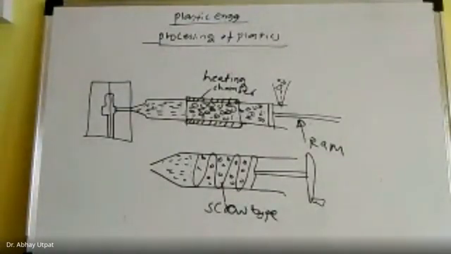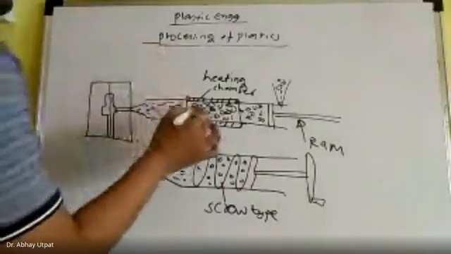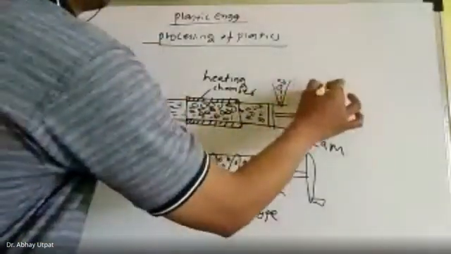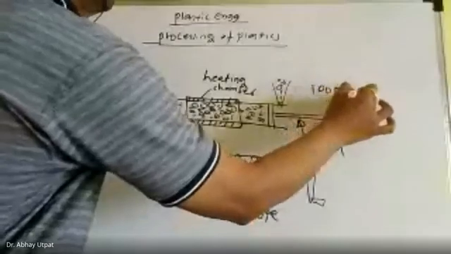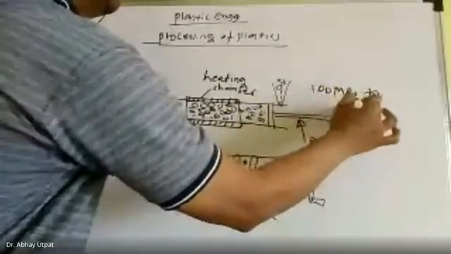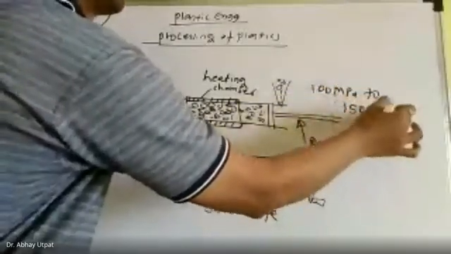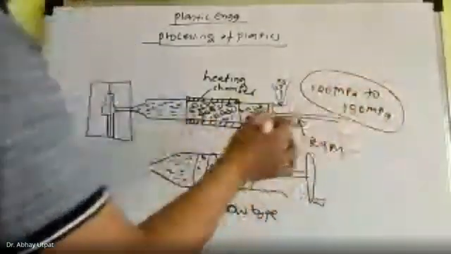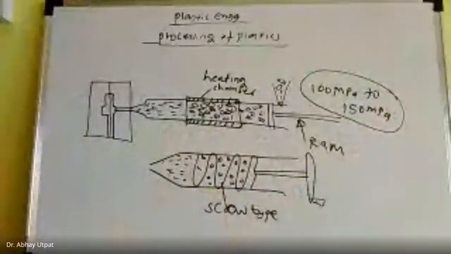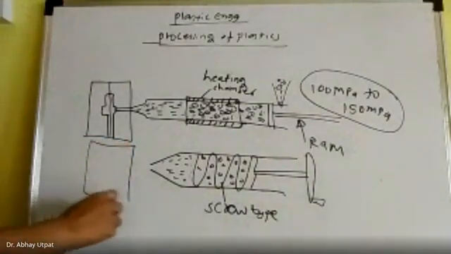Around 100 megapascal to 150 megapascal force is applied. Write this pressure: 100 megapascal to 150 megapascal. And then it is injected into the mold of desired shape. Same figure you draw here.